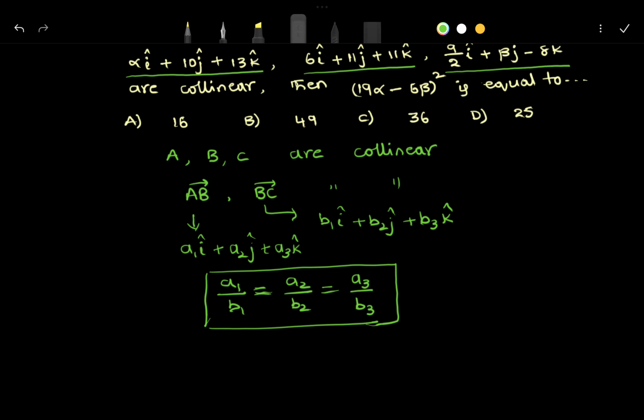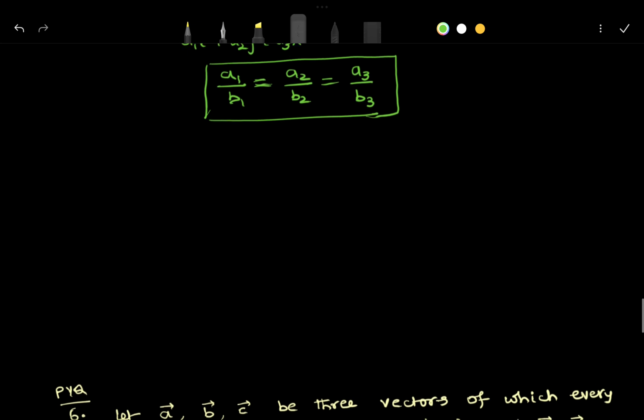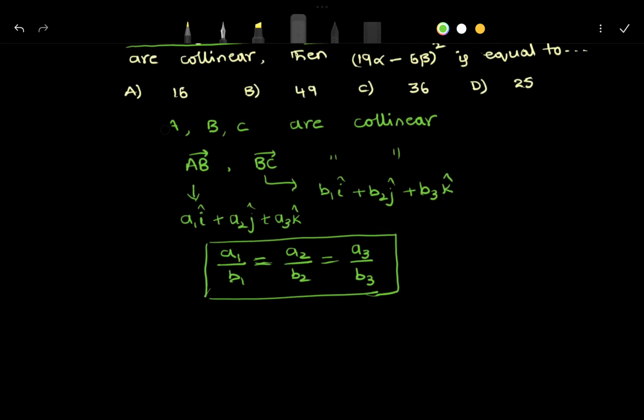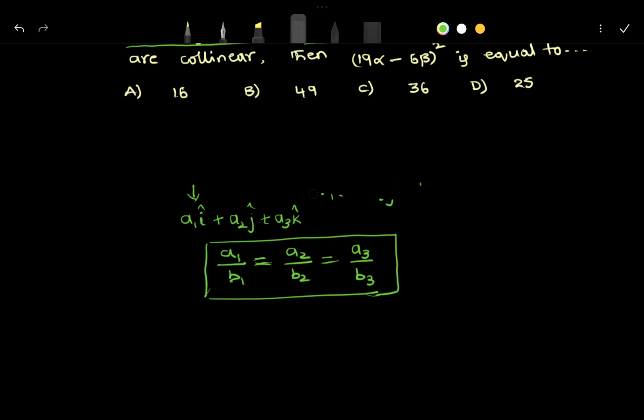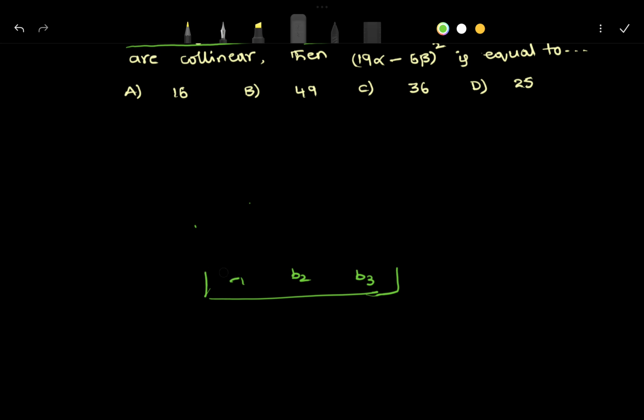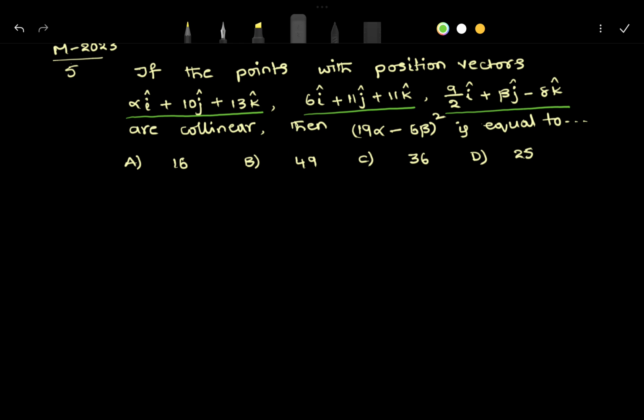See how to do this problem. First of all, take the given points as OA bar, OB bar, and OC bar. OA bar is alpha comma 10 comma 13.